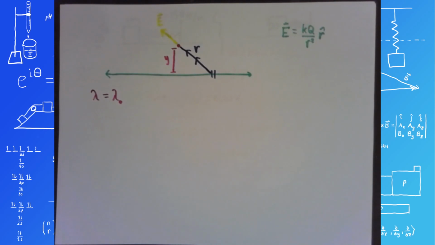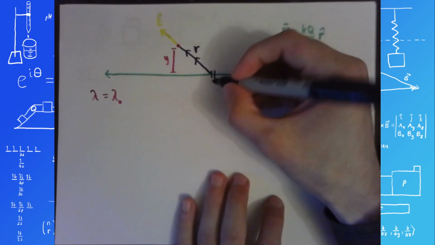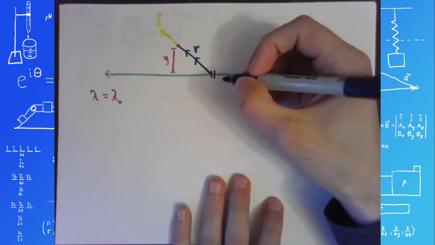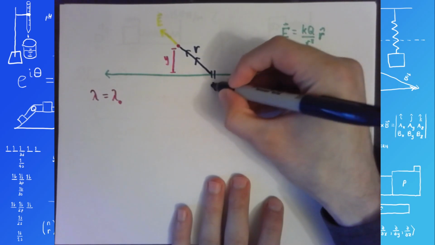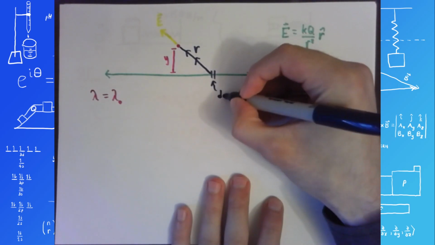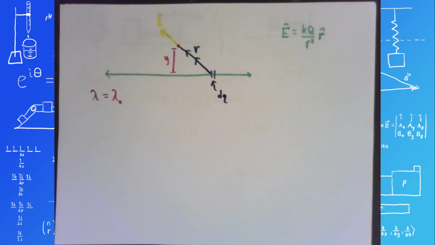So what I actually want to do is say that this small segment of the line contains an amount of charge that I will call dq. A small amount of charge.